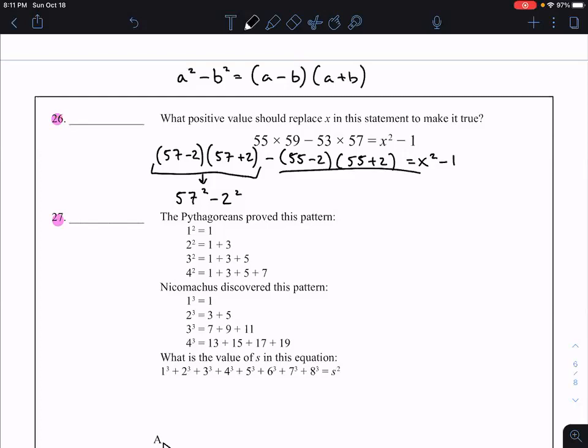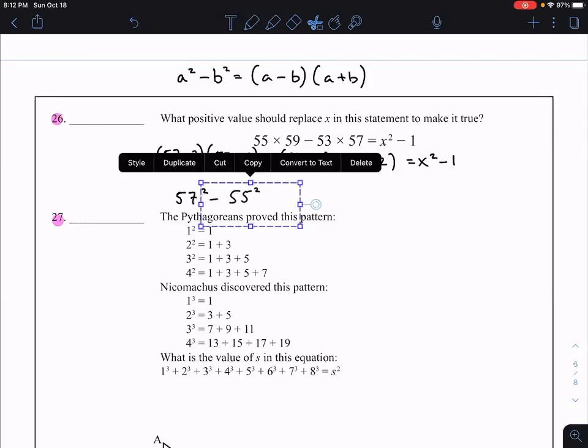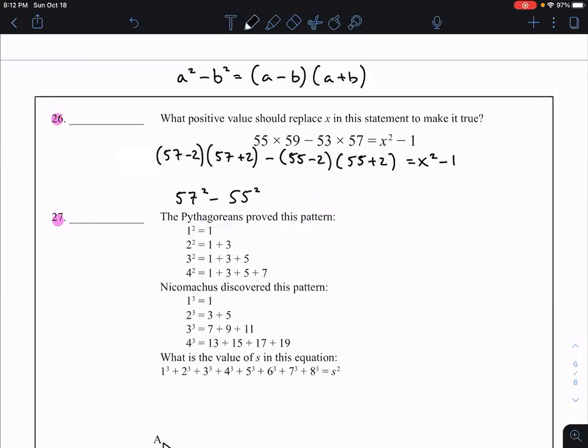And this thing turns into 55 squared plus 2 squared, since there's a double negative there. Oops, I got it. Yep. Now, since you have a negative 2 squared and a positive 2 squared, then you can get rid of those. They cancel each other out. And you're left with 57 squared minus 55 squared.